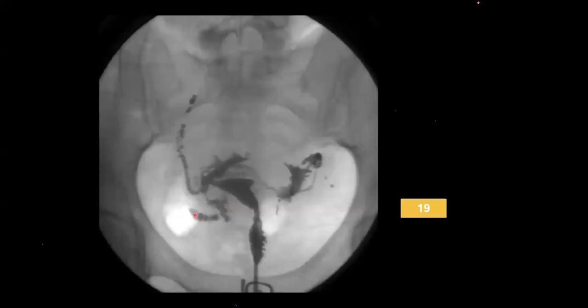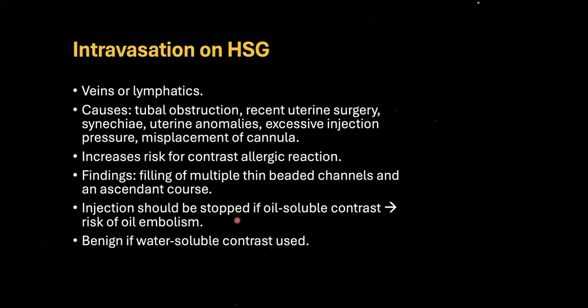So these are all vessels which are seen. Okay, these are not fallopian tubes. The fallopian tube is over here and this is the other one, but these are the vessels. So such kind of spotters can also come. This is intravasation on HSG. And why do you have to be vigilant about this?